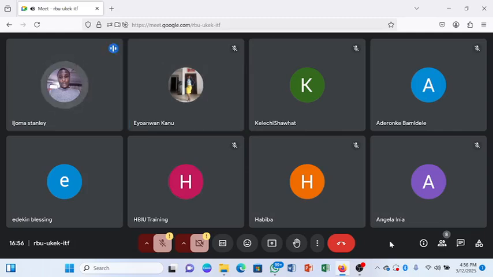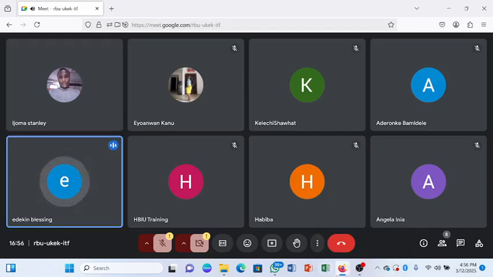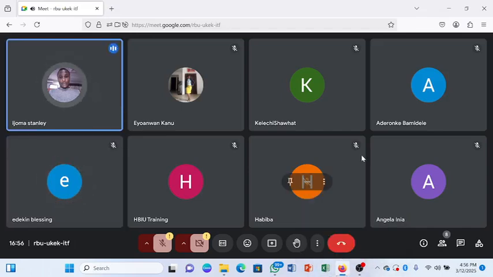Okay. So the topic we're going to be treating today is infection prevention and control. Infection control are those things you practice in the hospital to ensure that you don't move infection from one patient to the other, or from even a patient to yourself.